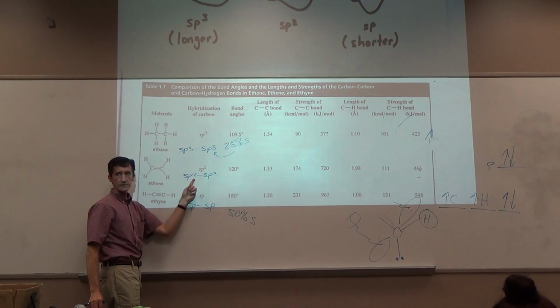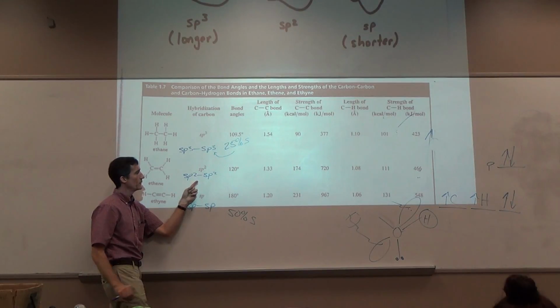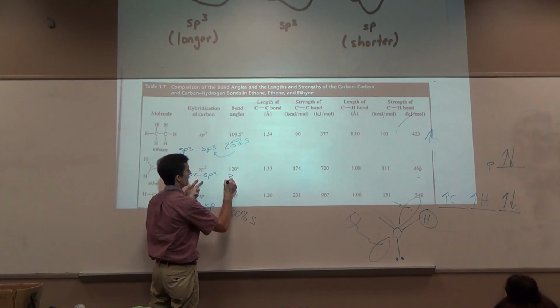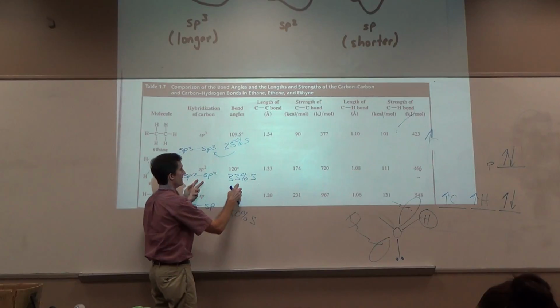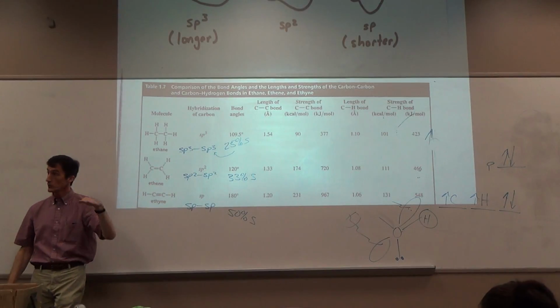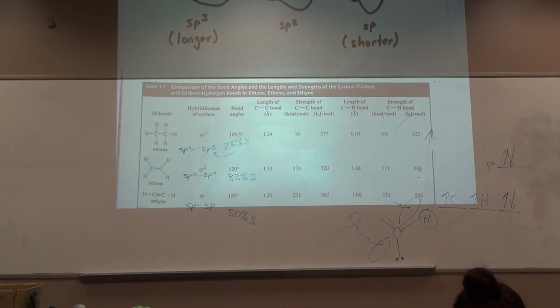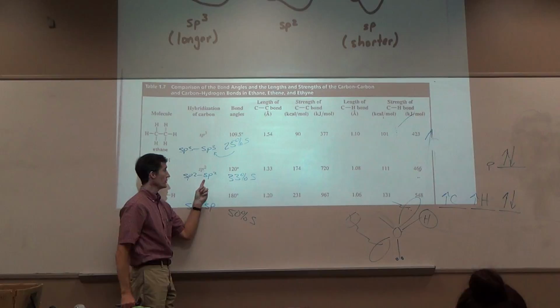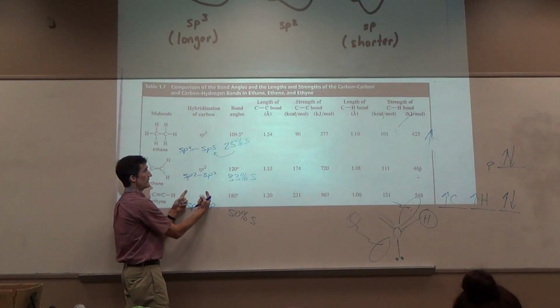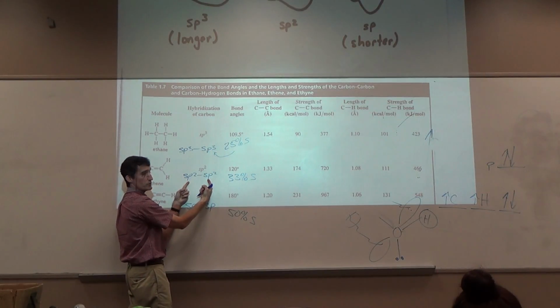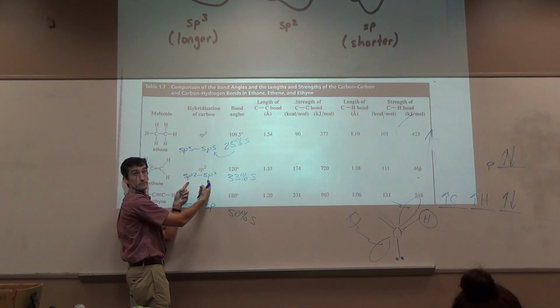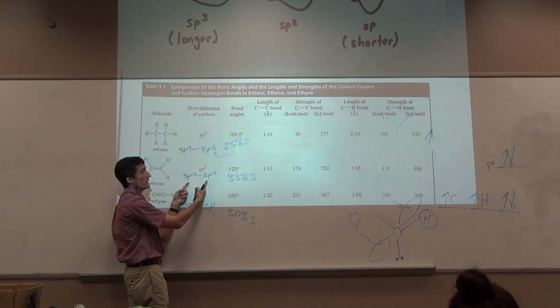Because the orbitals are more stable. What's the percent s here? Yeah. The more s character, the lower in energy your orbitals. I mean, isn't an s lower than p in energy? Thus, the more s character, the lower. These two orbitals are lower in energy than those two orbitals. The lower energy orbitals make stronger bonds. So that's pretty straightforward.